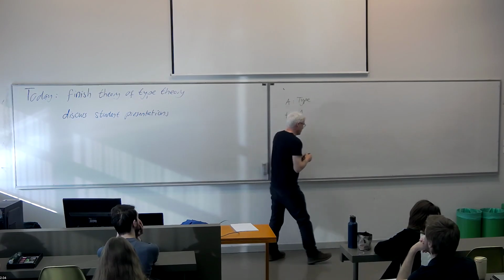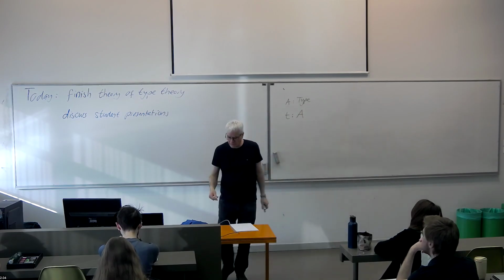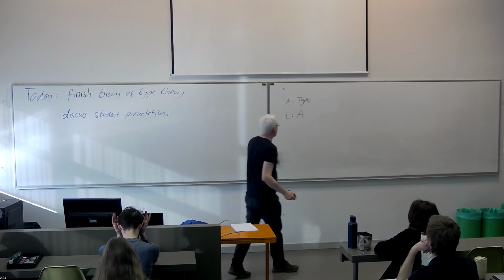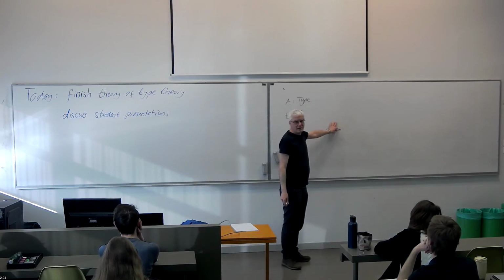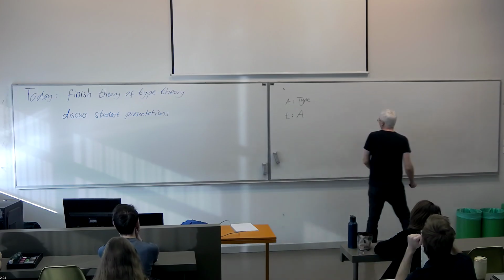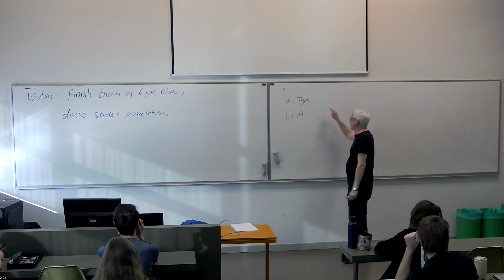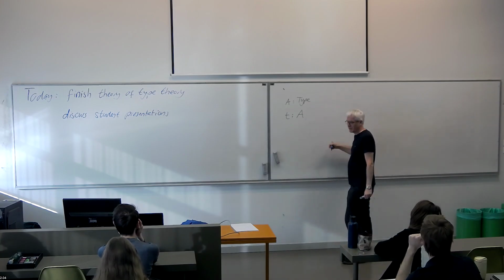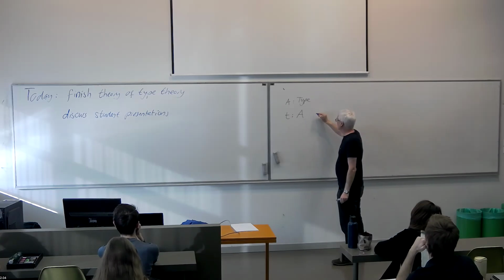And in fact, if you added a rule saying type is a type, then it's a famous result that type theory becomes inconsistent. It's a little bit related to Russell's paradox. Actually, it's more closely related to what's called the Burali-Forti paradox. And it doesn't really matter. Type cannot itself be a type. You get into problems if you say type is a type.